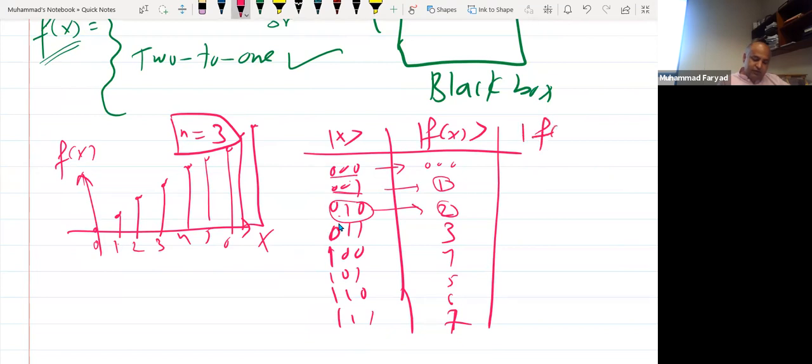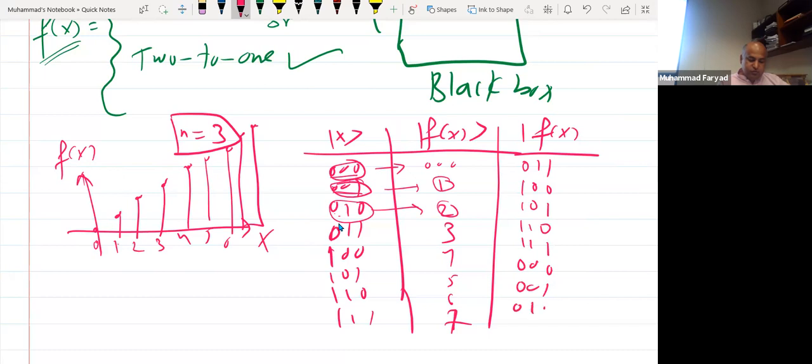So I can also have, for example, something like this. I may map 000 to, let's say, 011. I can map 001 to 100, 010 to 101, and then the next one to 110, the next one to 111, and the next one to 000, and like this. So this is also a one-to-one function. Its plot is going to be something like this.